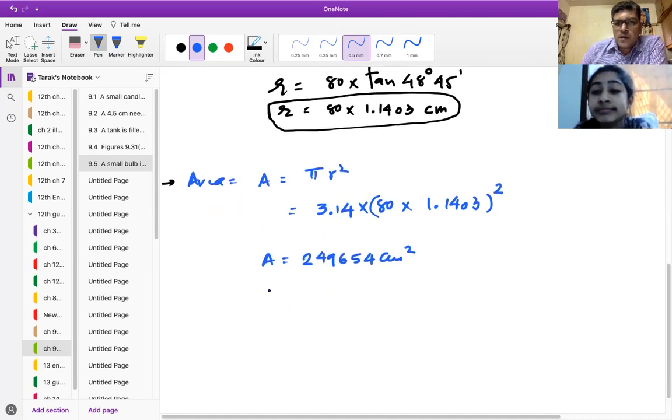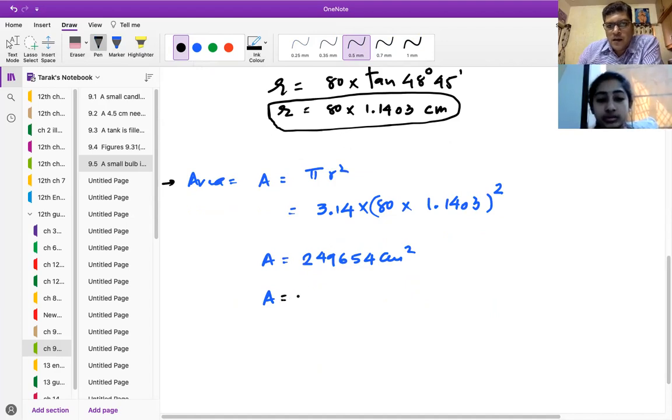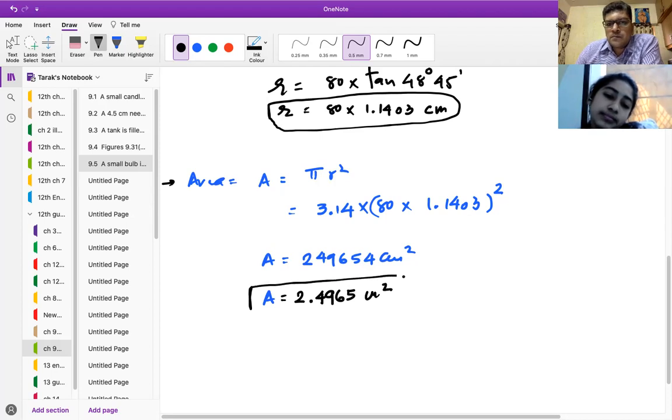So I'm just cutting 4 points, so it will be in terms of meters. I will have 4 zeros deducted. So 2.4965 meters squared. Right, so this is the area.